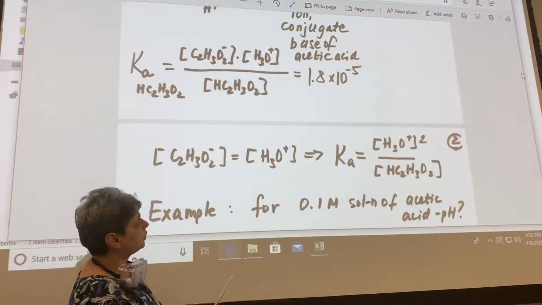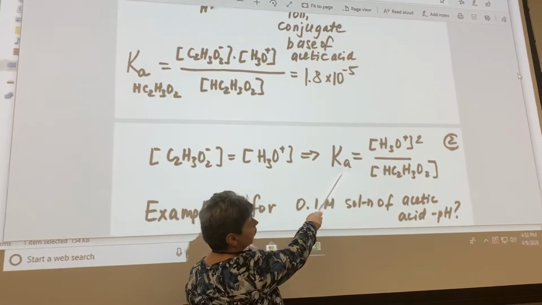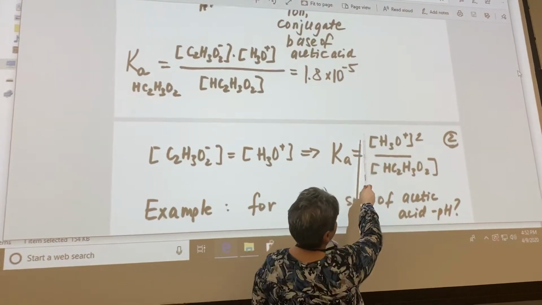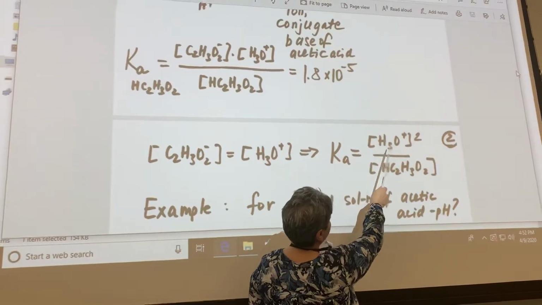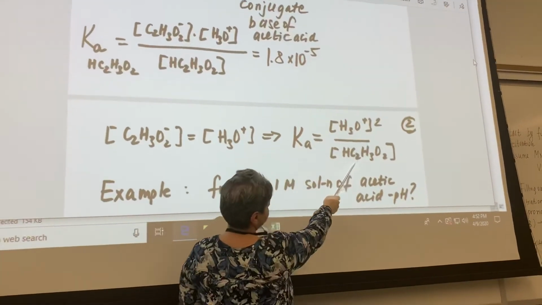And hence we can replace acetate with hydronium ion, giving us the following expression for Ka. So now we have, instead of acetate times hydronium ion, hydronium ion squared divided by concentration of acetic acid.